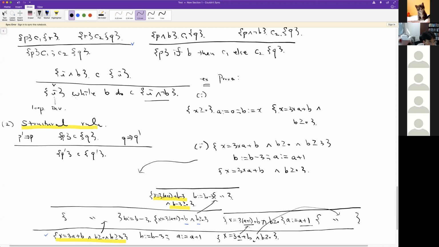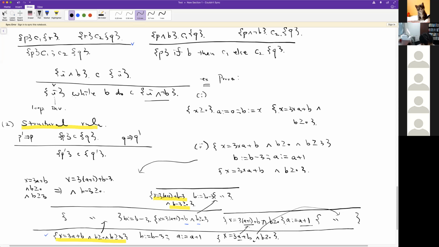In this case we have to show the following implication is always true: if x is 3a plus b, and b is greater than or equal to 0, and b is greater than or equal to 3, does it always imply x is 3(a + 1) + b minus 3, and b minus 3 is greater than or equal to 0? And the answer is yes.